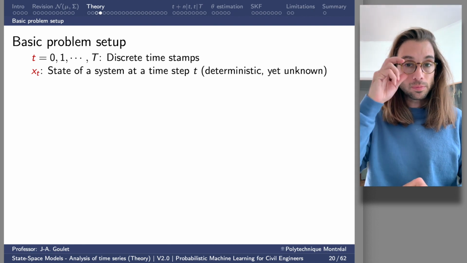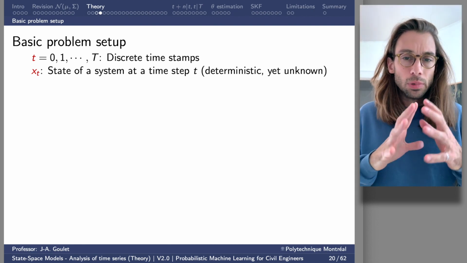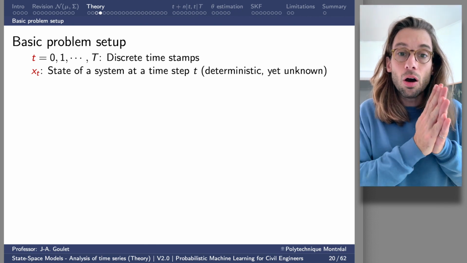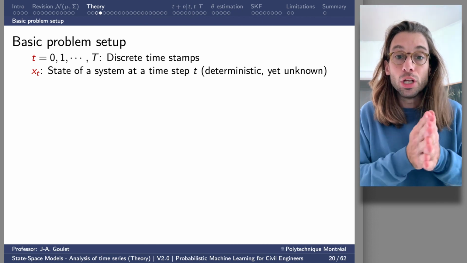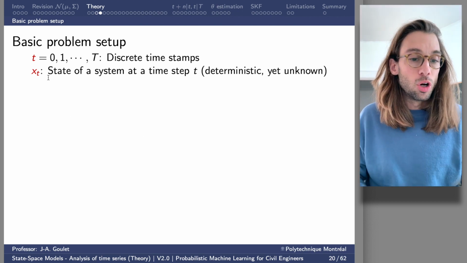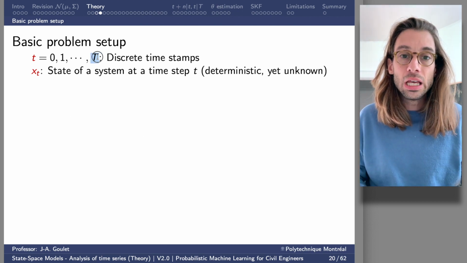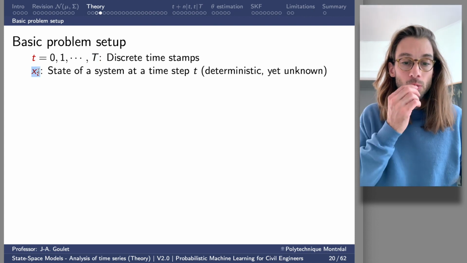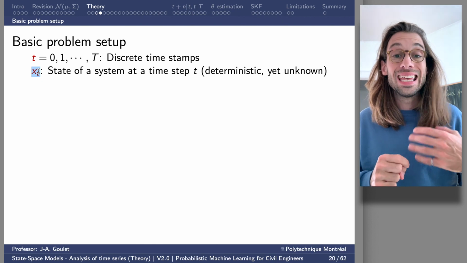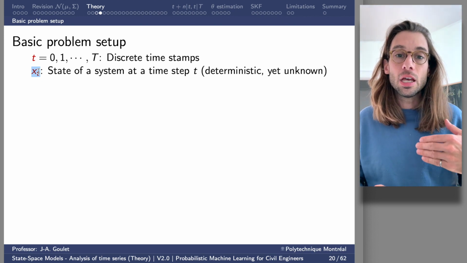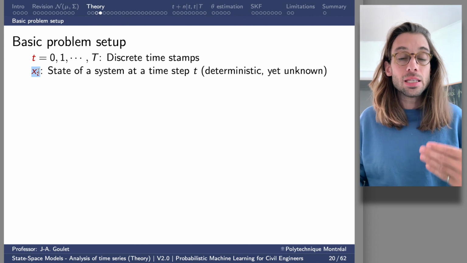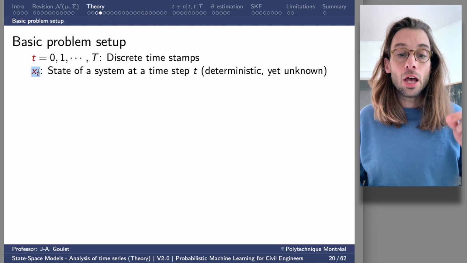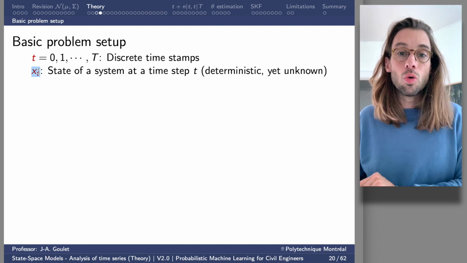So a little more formally, in our basic problem setup, now we have a time series. So t is going to be our variable used to describe which timestamp we are at, going from 0 up to capital T, my latest timestamp. So x of t is what we call our hidden state. This is going to be the state of our system. In this case, it's the temperature as a function of t, the time. So this is a deterministic yet unknown quantity.